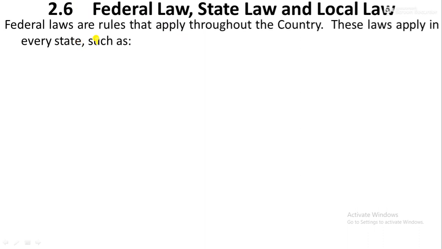Clear? Federal laws are rules that apply throughout the country. So federal law applies within the territory of the country. These laws apply in every state, such as immigration law, laws relating to immigration, passport making, and passport checking. Also bankruptcy law, and the banks and financial institutions of the country are governed by banking laws.